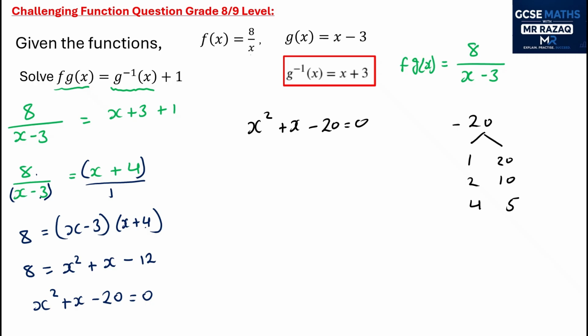That would be 4 and 5. If I make 4 a negative number and 5 a positive number, then that would give me plus 1. So that would be x minus 4 and x plus 5 equals 0. So my two solutions are x is equal to 4 or x is equal to minus 5.